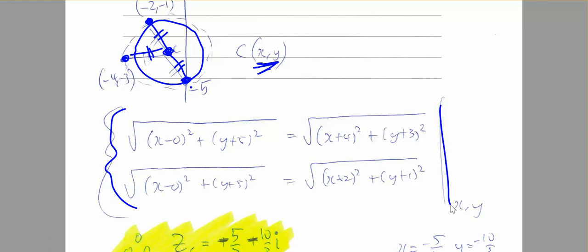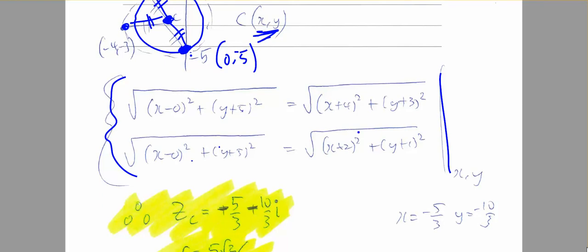I'm going to go from this point, which is (0, 5), to this point, so the square root of (x - 0) squared plus (y - 5) squared, that's the distance, equals going from this one to C. And then going from this one to the middle is the same as going from this one to C. Set them all up, put them in the calculator, and I get these answers pop out.